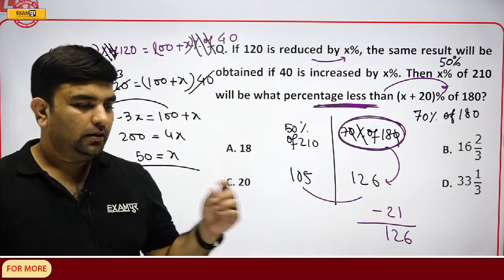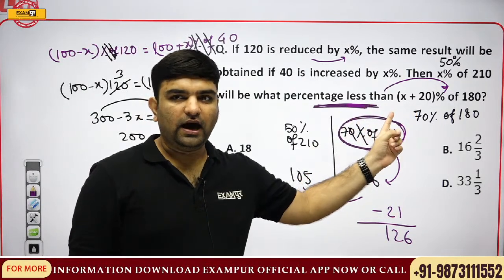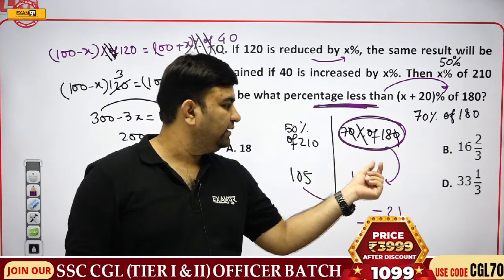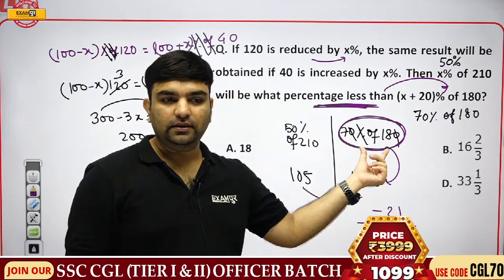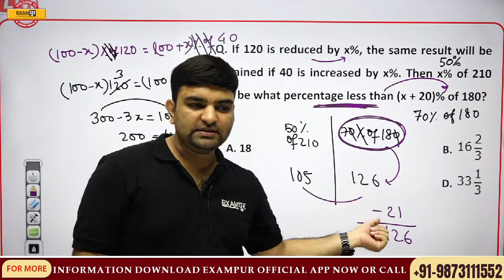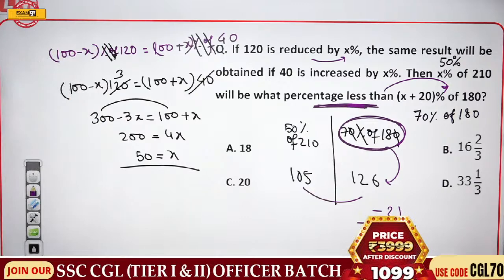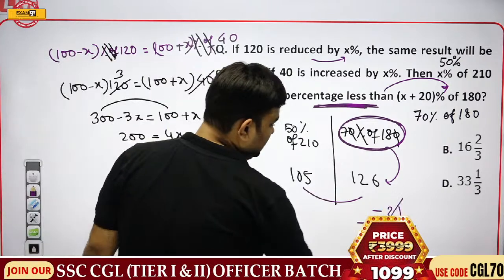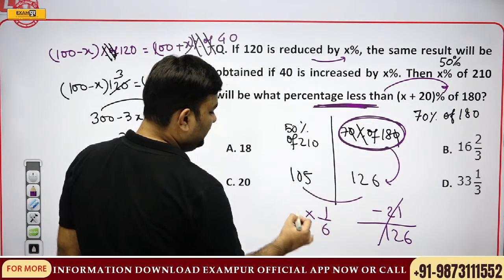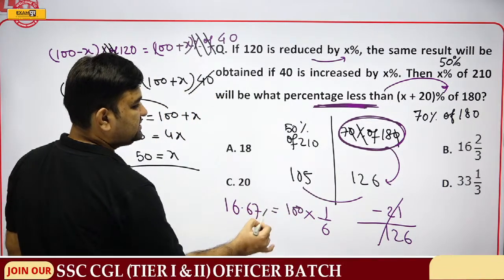You have to compare this difference with 126. 21 by 126 is 1 by 6. Convert into percentage, 16.67%.